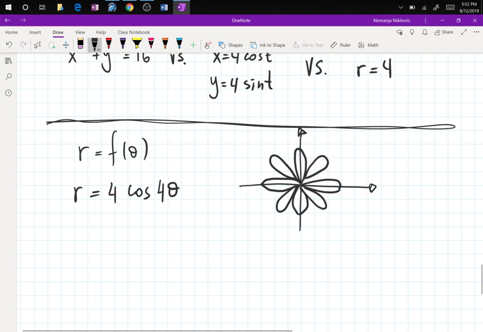r equals 4 cosine 4 theta. What now? Oh, keyboard at the bottom, thank you.